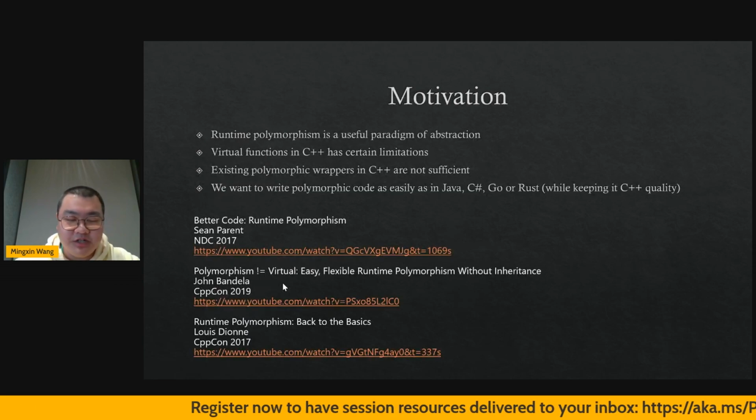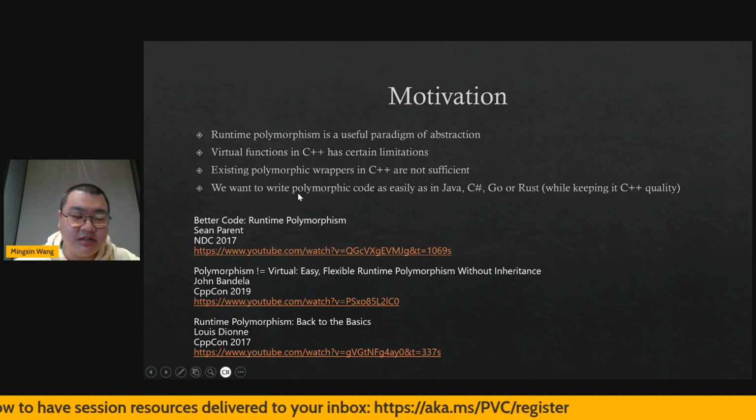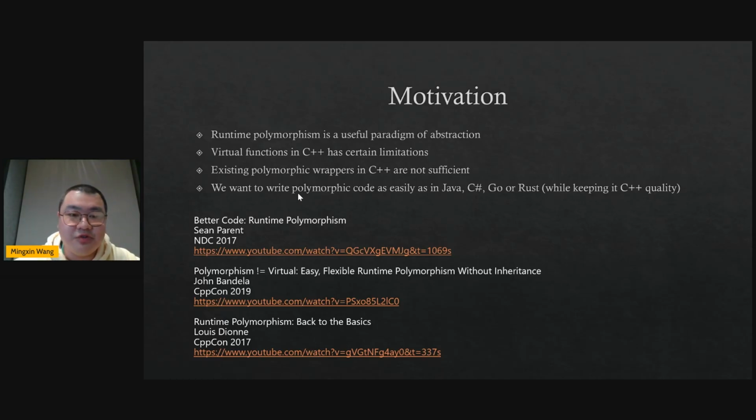So first, about motivation. I don't have multiple slides for this, not because the motivation is trivial, but because there is a lot of research about the motivation, especially the second bullet point. Virtual function in C++ has certain limitations. There are three talks. I highly encourage you to watch them if you haven't.